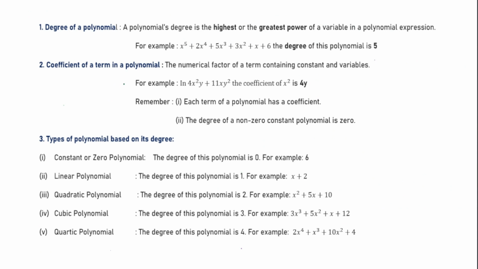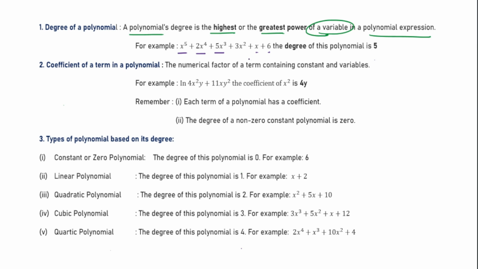Now let us see what degree of polynomial means. So by the definition, a polynomial's degree is the highest or the greatest power of a variable in a polynomial expression. Now let us take the given example where you have x raised to the power 5, 2x raised to the power 4, 5x raised to the power 3, 3x raised to the power 2, x and then 6.